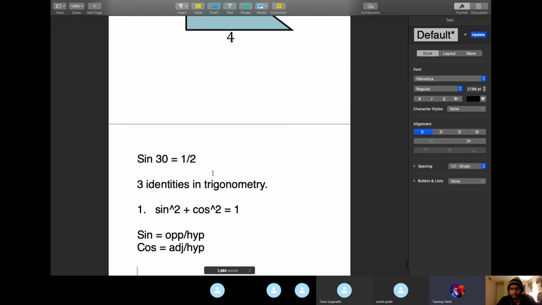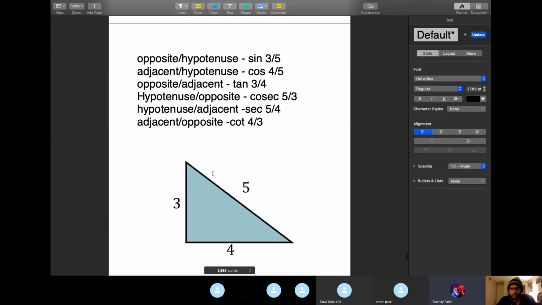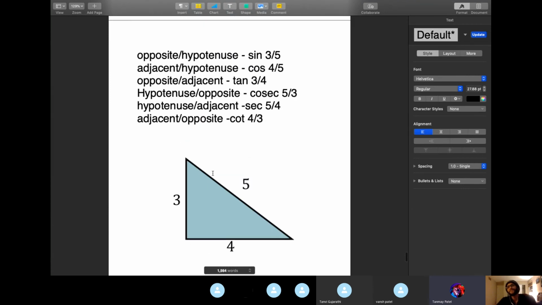Sine was 3 by 5 and cos was 4 by 5. So I squared 3 by 5 and 4 by 5. 3 by 5 into 3 by 5 was 9 by 25, and 4 by 5 into 4 by 5 was 16 by 25. And when you add 16 by 25 plus 9 by 25, the answer is 25 by 25.